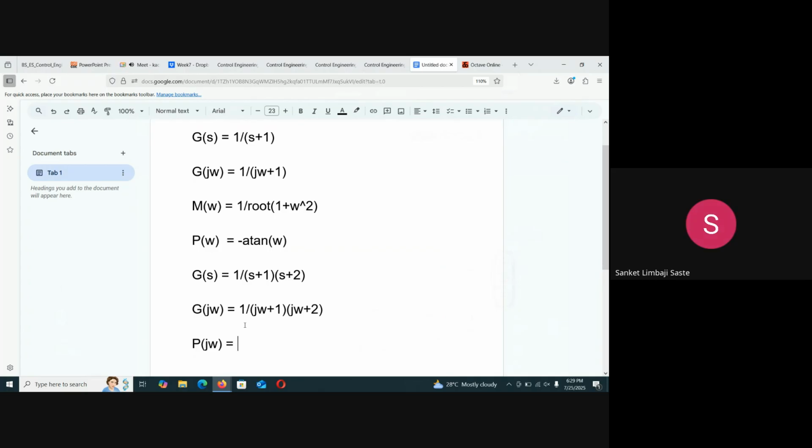Minus tan inverse omega minus tan inverse omega by 2.